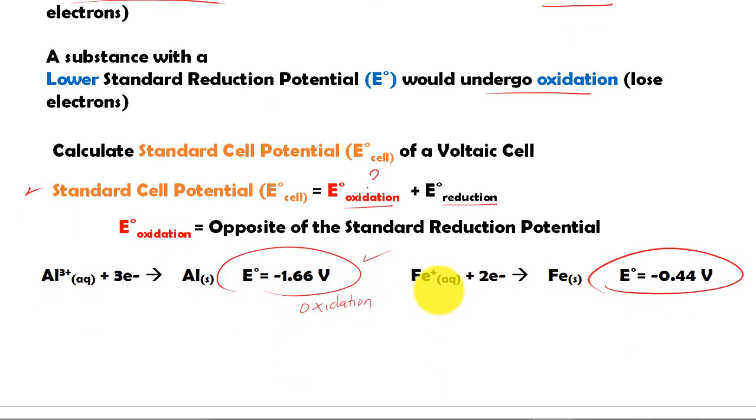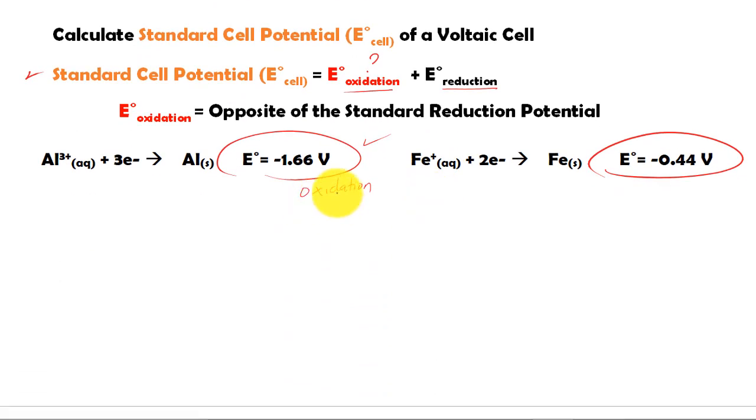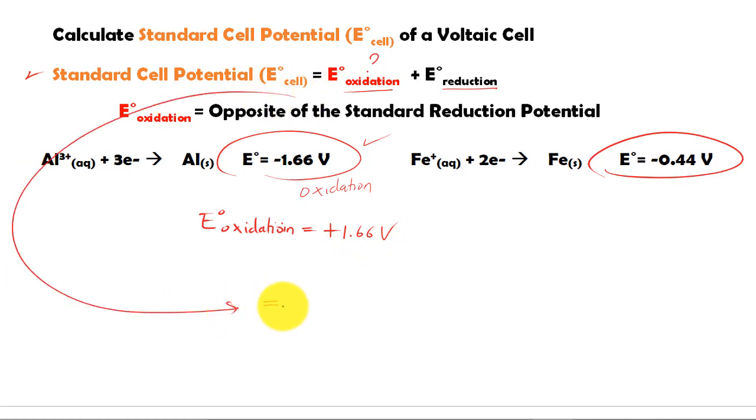So what does that mean? Oxidation is the opposite of reduction, so therefore the oxidation potential would be the opposite of the reduction potential. If this is negative 1.66 volt, the opposite would be plus 1.66 volt. So there you go, you have your oxidation value. So we just plug into this equation: our oxidation is 1.66 volt. Of course, the other half cell would be reduction.